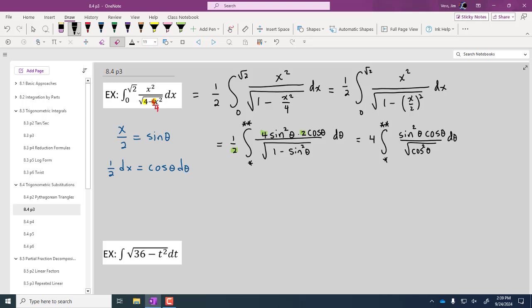So the positive square root of x squared is absolute x, because x could be positive, x could be negative. So technically here, we should get the absolute value of cosine. But on this little interval, they've chosen x's that are in quadrant 1, and in quadrant 1, cosine is positive. So we don't have to worry about it. So the square root of cosine squared is cosine. So that's going to cancel with this cosine in the numerator.